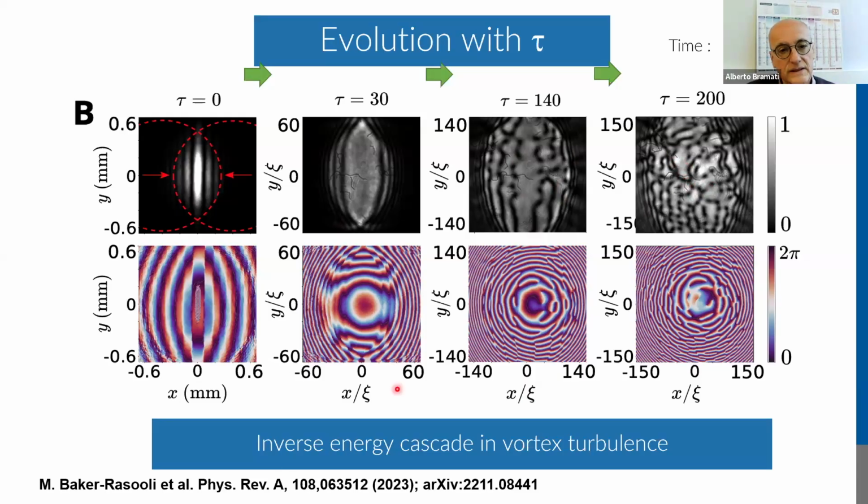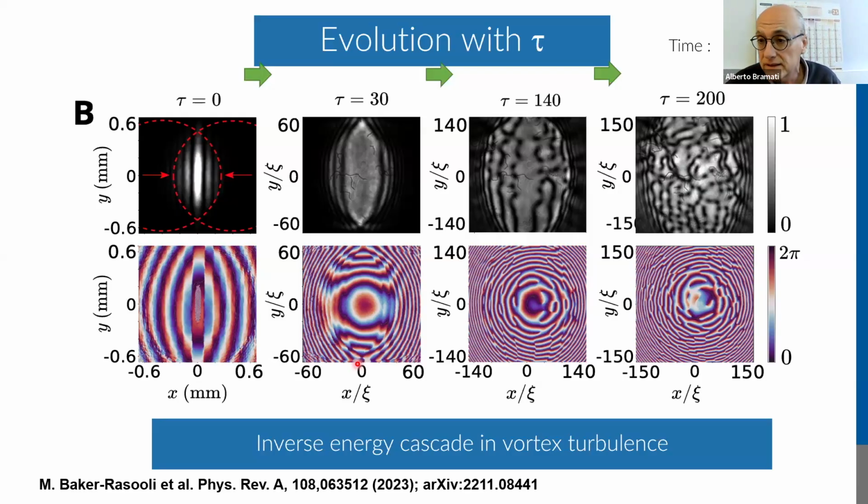This system is quite interesting because it's quite easy to characterize the phase of these patterns, no? Because we can just make an interference at the output of the cell with the reference beam, and then we can get the phase. And this is not easy at all, for example, in the case of atomic BEC, no? To have the phase is really difficult, if not impossible.